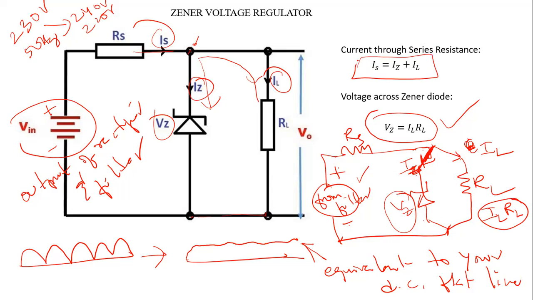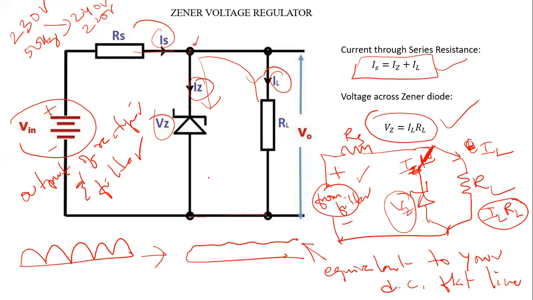So these are the two sets of relations in this circuit, and they are valid always. This is the output of a rectifier and filter, and you are connecting a series resistance. The current passing through the series resistance is IS, and at the branch point the current is split into IZ and IL. So IS is equal to IZ plus IL.